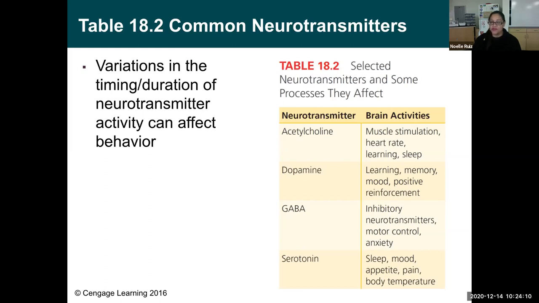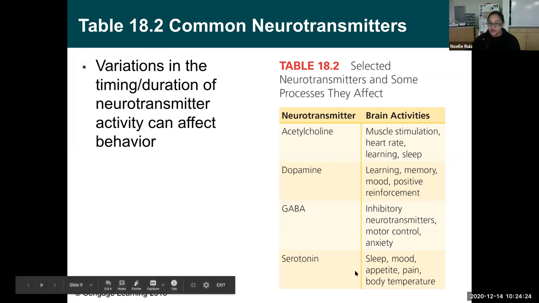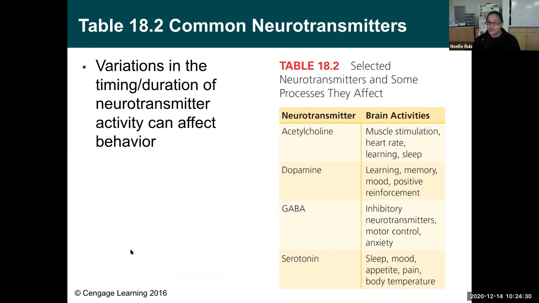GABA is another neurotransmitter. It's an inhibitory transmitter. Inhibit means to stop. So it is a neurotransmitter that stops something that is supposed to be stopped. Serotonin is another one that controls your sleep, mood, appetite, pain, body temperature. So neurotransmitters control all these different functions in your bodies.